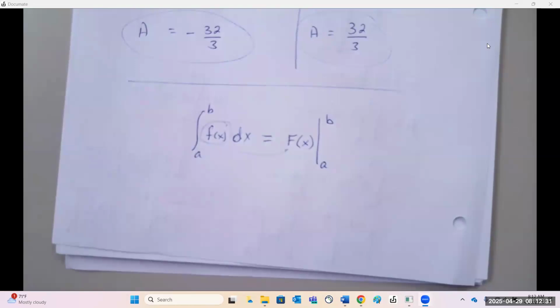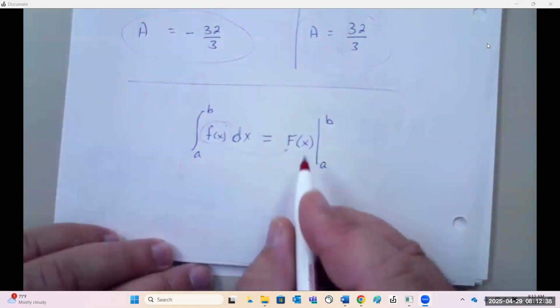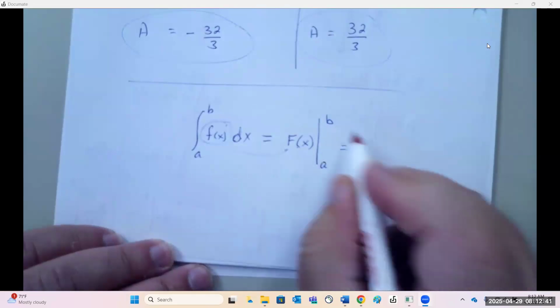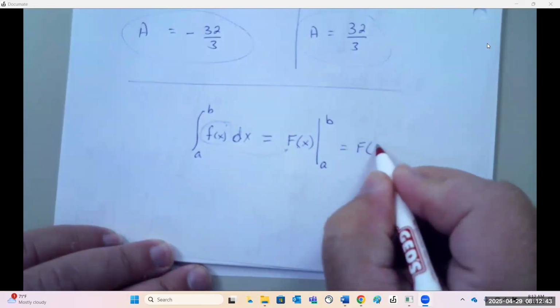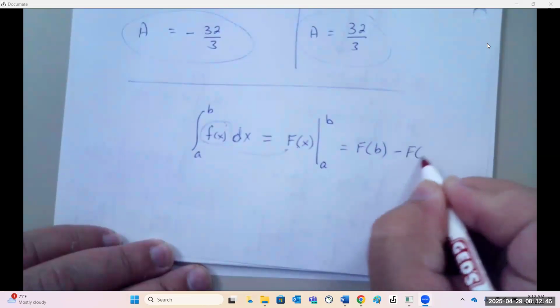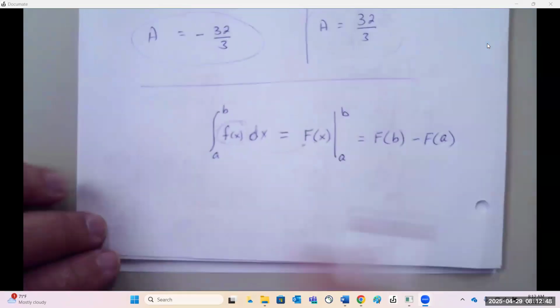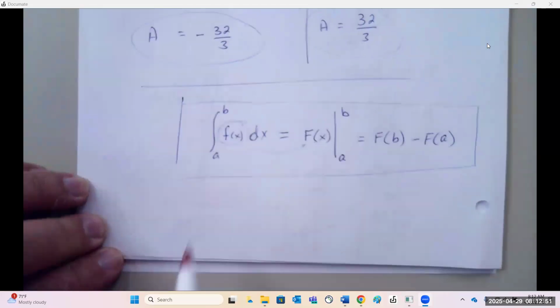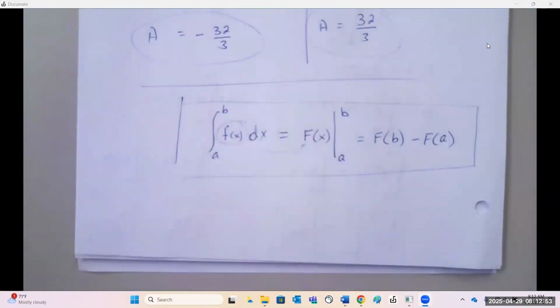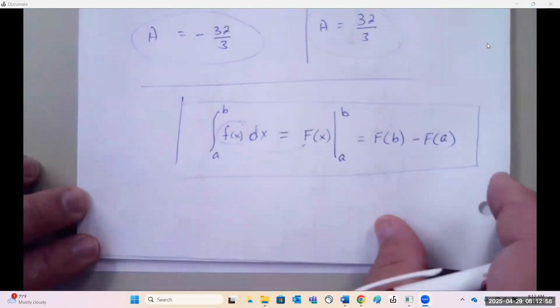We're trying to find out what was the function before we took a derivative of it, hence antiderivative. Once we find that, then we can find the area by taking the larger minus the smaller. This is the formula we'll be using from here on out for integrals. That's the evolution of it.